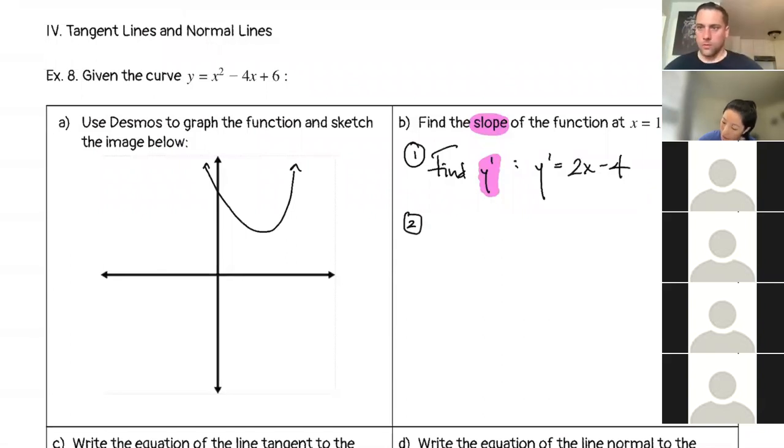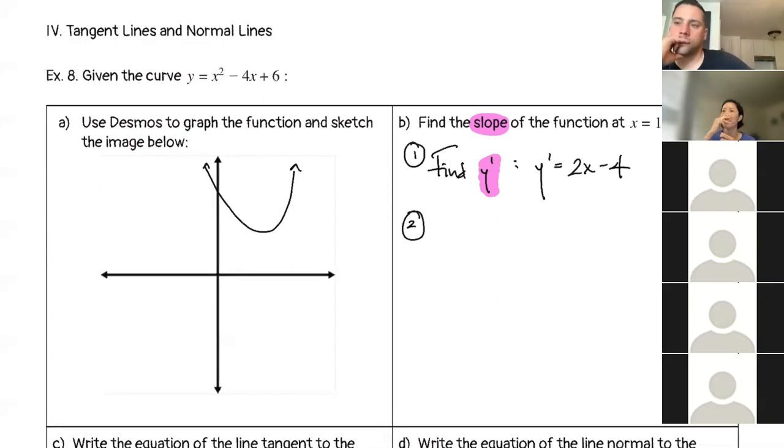But I'm hearing a few different things in the chat. So some folks are saying plug in 1 for x. Some people are saying solve for x. So what do we think is a good way to summarize that?